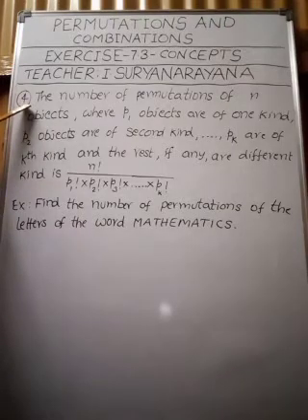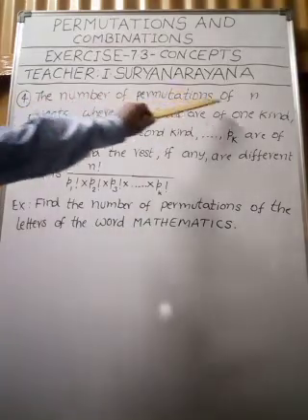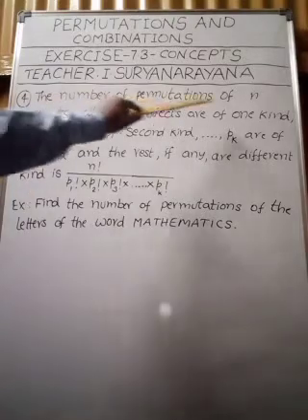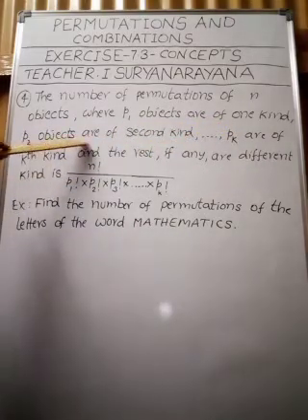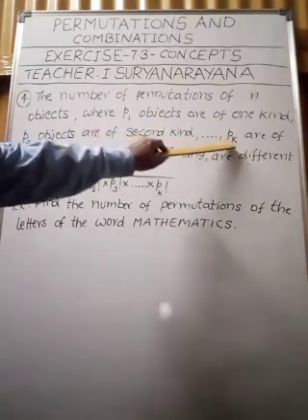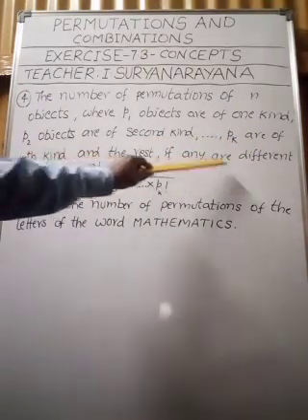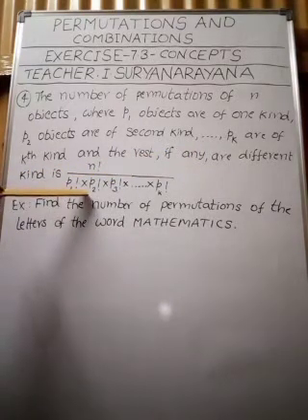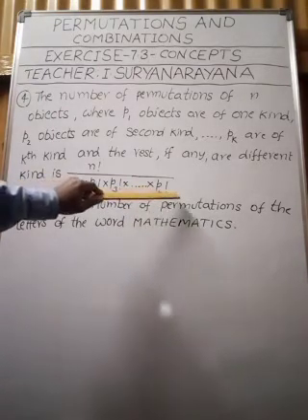Now come to the next point, the 4th point. This is a little bit of an extension of point 3. The number of permutations of n objects, where p1 objects are of one kind, p2 objects are of second kind, and so on, pk are of kth kind, and the rest, if any, are of different kinds, is n factorial by p1 factorial into p2 factorial into p3 factorial, and so on, into pk factorial.